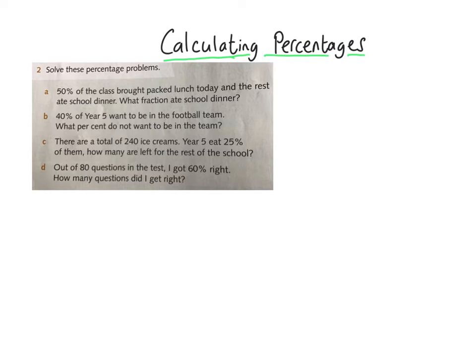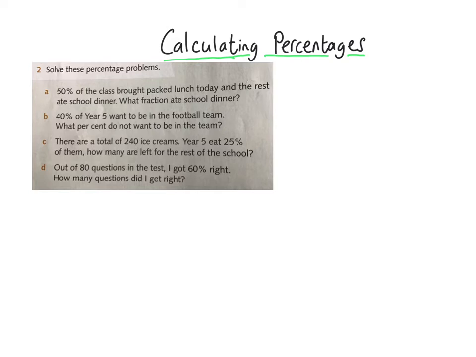So let's look at A for an example, which tells us that 50% of the class brought packed lunch today, and the rest ate school dinner. What fraction ate school dinner? Now this one isn't even asking you to find out the fraction of a whole amount, it's just asking you what the fraction is.